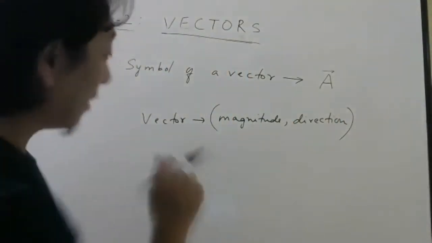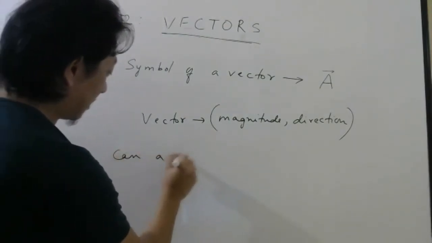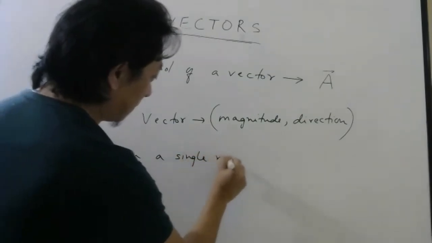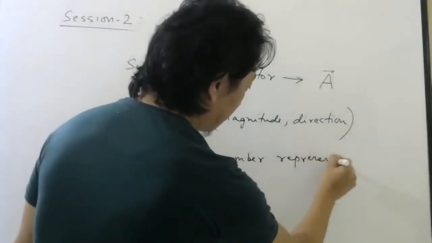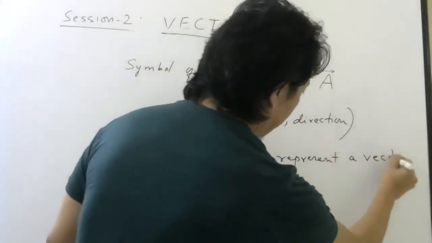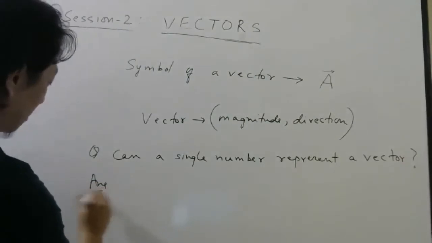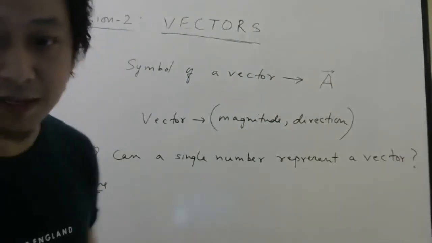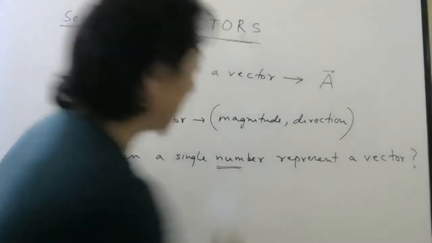Understood? Now, can a single number represent a vector? Quickly answer yes or no. Can a single number represent a vector?